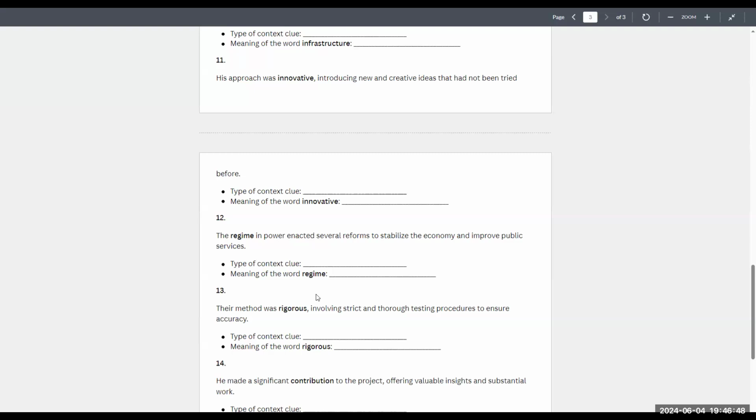And the regiment in power enacted several reforms to stabilize the economy and improve the public service. What do you think it means?